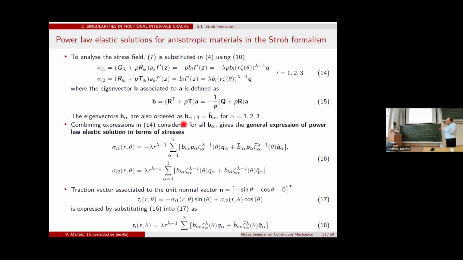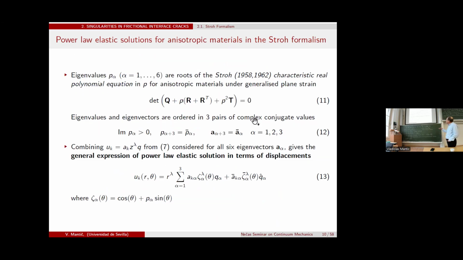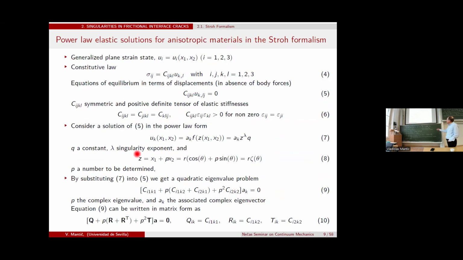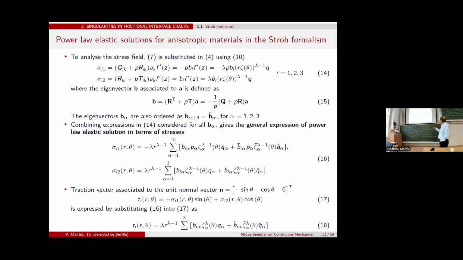To compute stresses, we use the representation of stresses we had at the beginning, and we obtain, if we define the eigenvector B as a function of eigenvector A, just remind, these are the matrices Q and D, which are symmetric, and this is the non-symmetric matrix R. So in terms of these matrices given by the stiffness tensor, we get the 2 expressions for the eigenvector B. We can compute 6 eigenvectors B alpha, which are again ordered in this way.